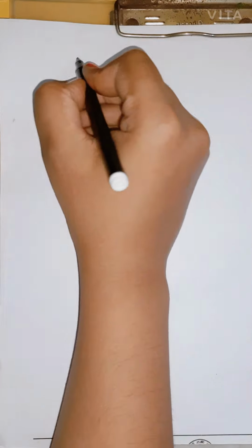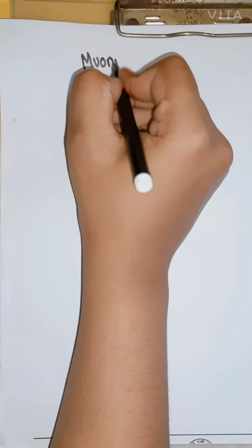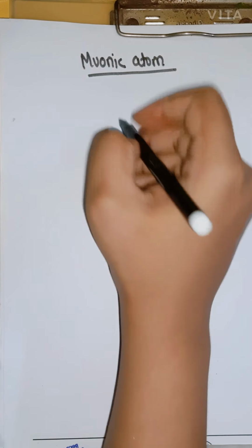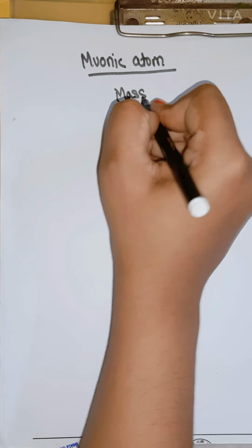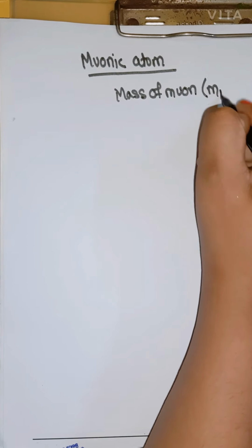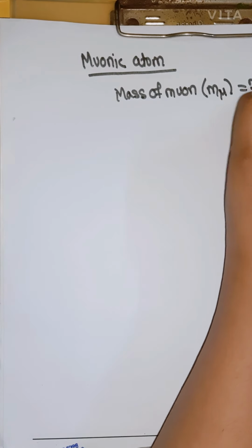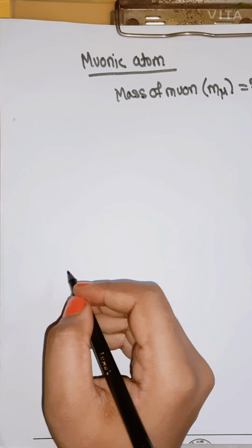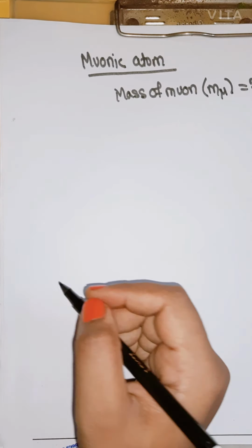Now we will study the muonic atom. Here we will see the mass of the muon is 207 times the mass of the electron. So it is a hydrogen-like atom in which the electron is replaced by a muon.